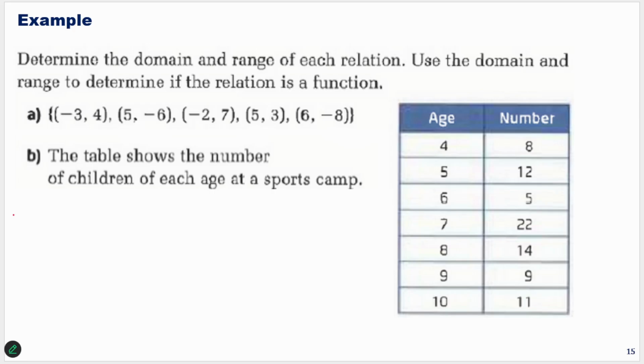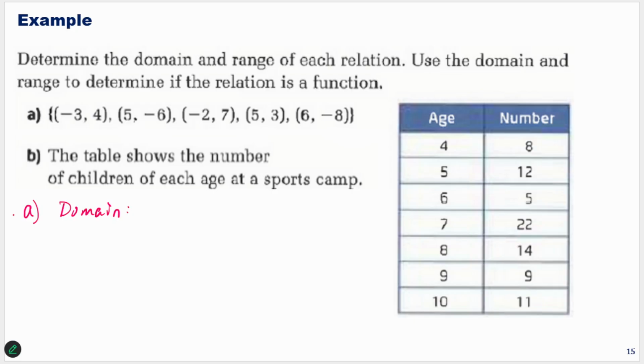All right. Let's have a look at the solution for the first one. The domain is a collection of all the inputs, right? Also note that they are isolated points.